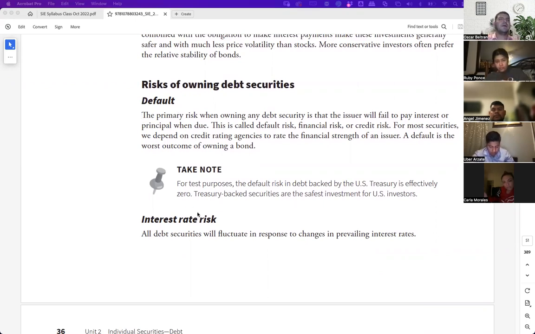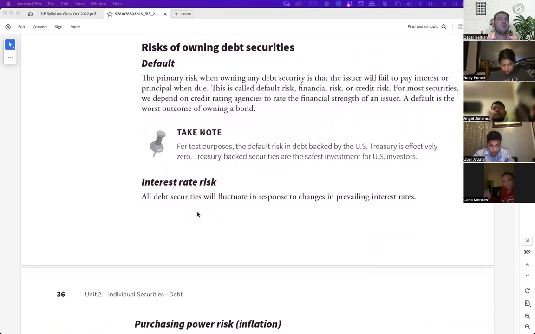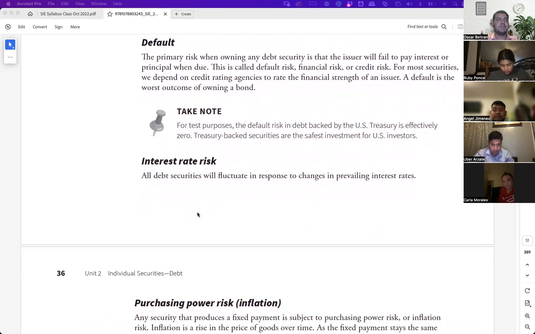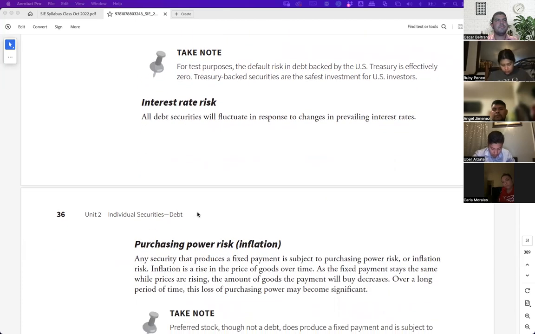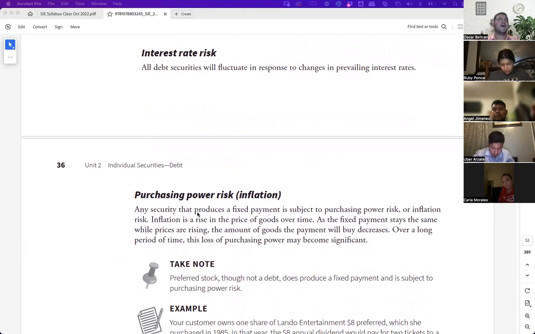Now, interest rate risk is that debt securities, bonds, are going to have a relatively inverse relationship to rates. So if rates go up, bond prices could go down. Okay, and then here it talks about purchasing power risk. So inflation. It's not really going to keep up with inflation each year, each month.